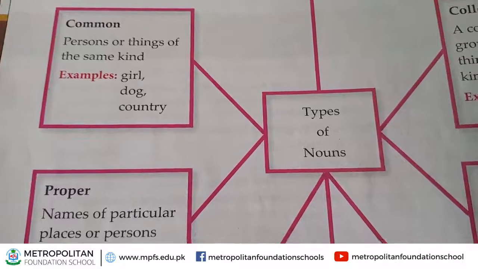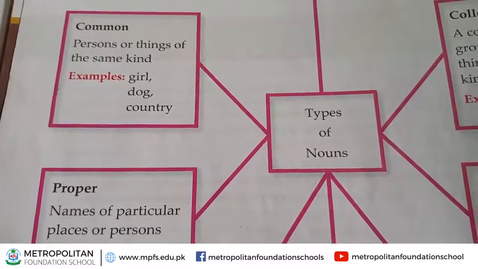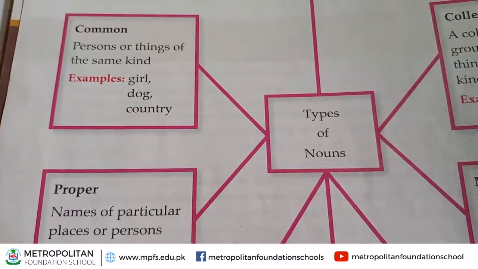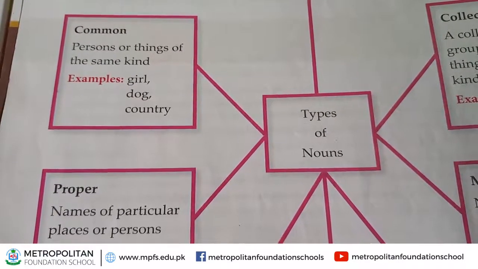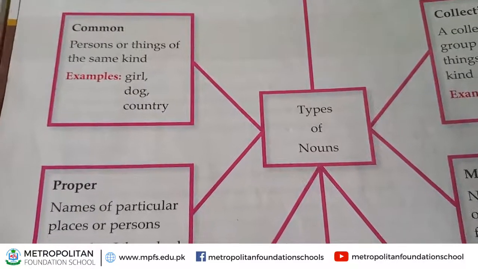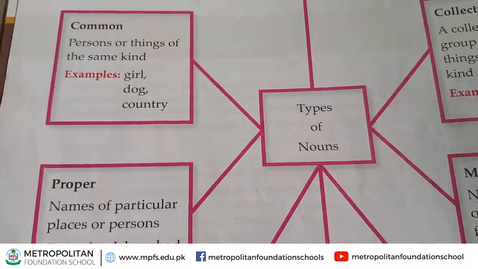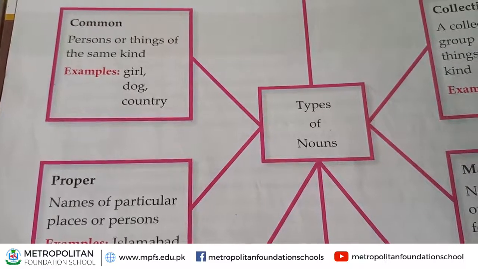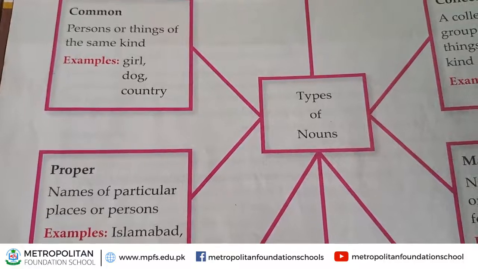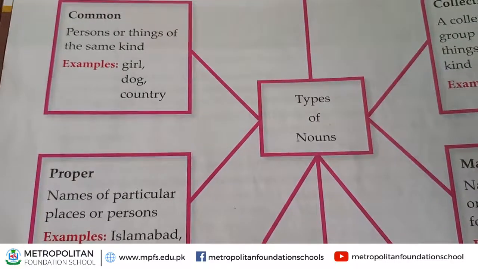You know, students, a common noun can also be further divided into concrete and abstract nouns. Concrete nouns are nouns which refer to things we can see, touch and feel. That's called a concrete noun.